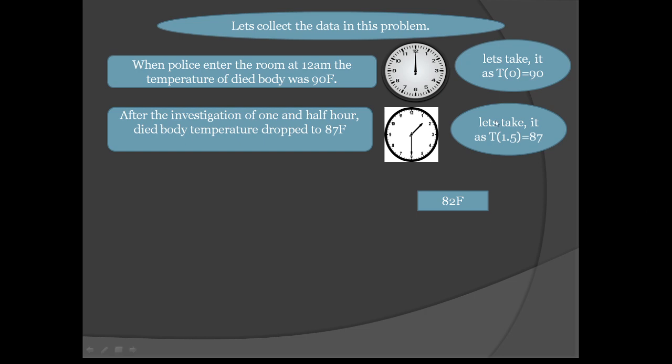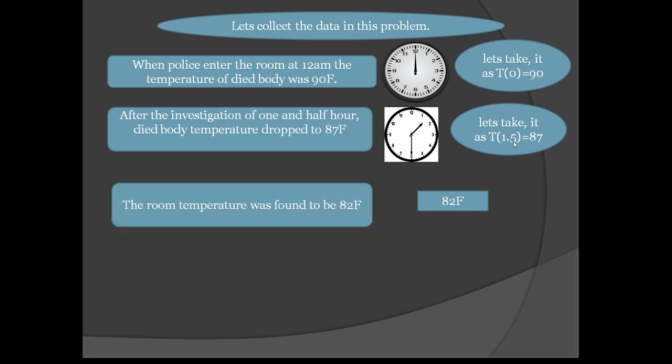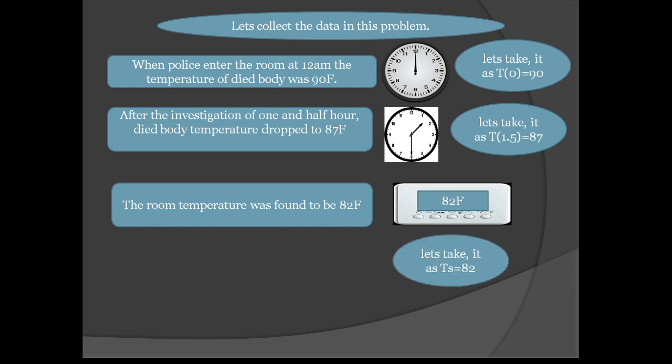So clearly you have observed here T of 0 means T of 12, and T of 1.5 is nothing but T at 1.5 hours, which means 1:30 a.m. For this, I have considered 12 as 0 and 1:30 as 1.5. Next, the room temperature was found to be 82 Fahrenheit, and let us take it as the surrounding temperature, denoted as Ts, which is equal to 82.